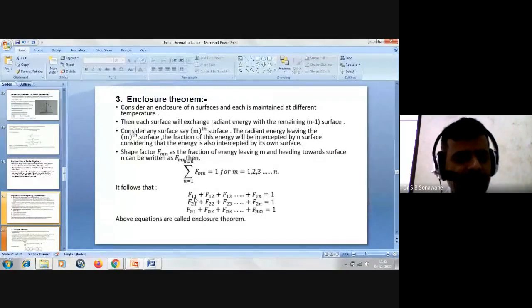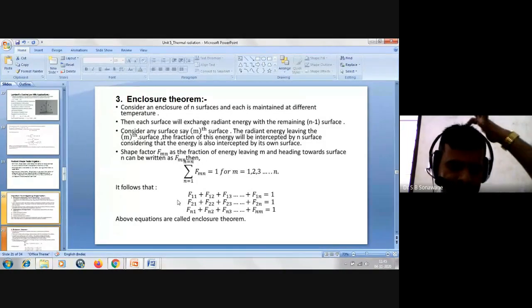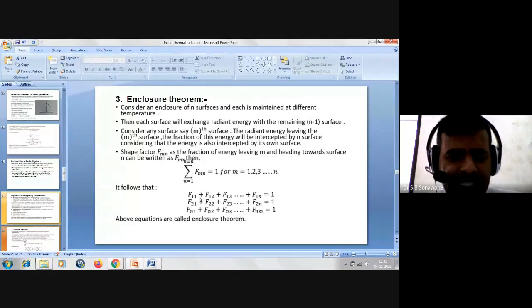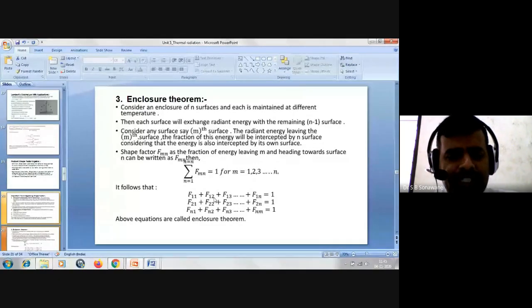There is a possibility that whatever we are emitting, some fraction of the energy is directly intercepted on itself. That is what it indicates. F12 indicates the amount of energy emitted by surface 1 which is directly intercepted by surface 2, and F13 that which is directly intercepted by surface 3.